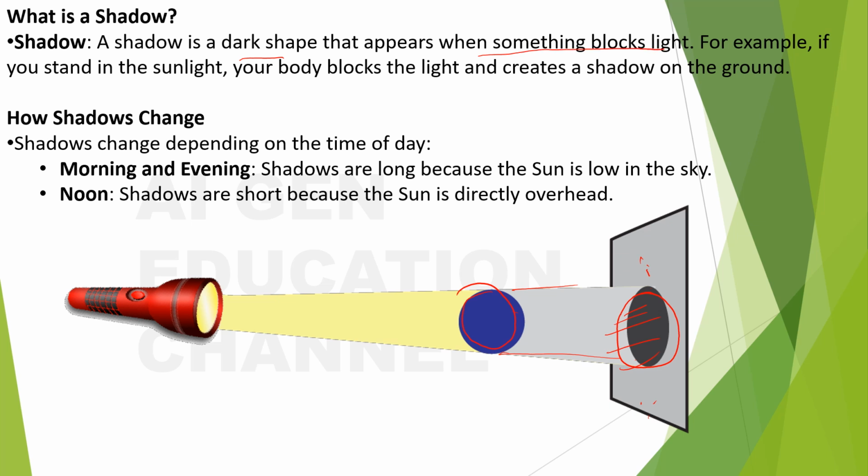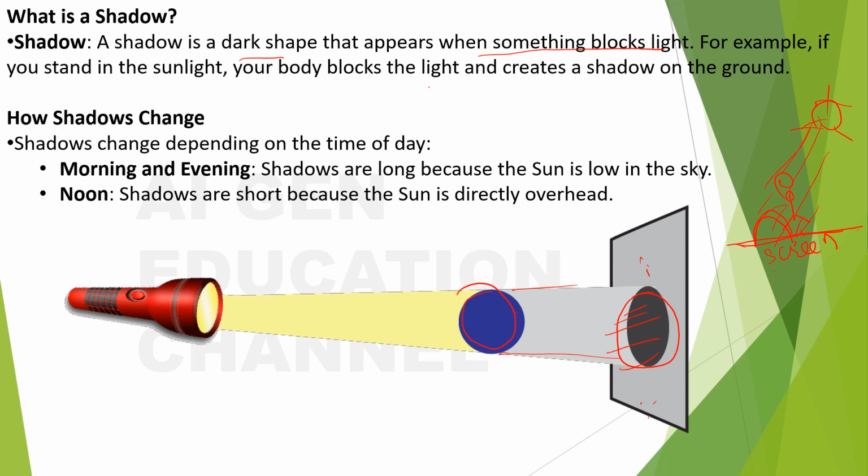For example, if you stand in the sunlight, your body blocks the light and creates a shadow on the ground. Here, the ground is the screen. When you are standing upright and the sun is here, the sunlight is falling and you are obstructing the light, so your shadow will be cast upon the ground like this, as the ground is the screen here. You got it, right?